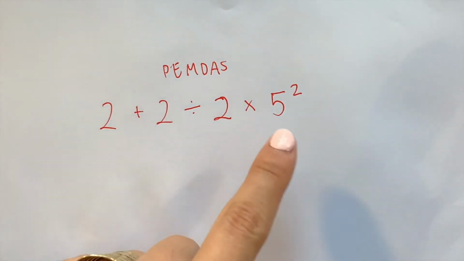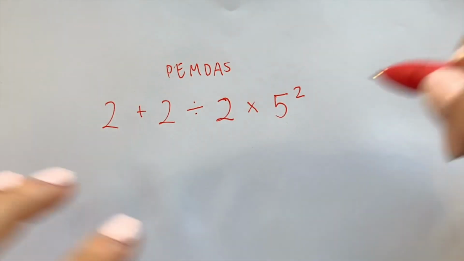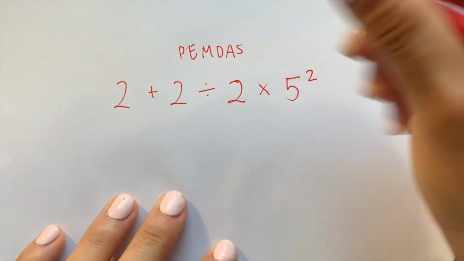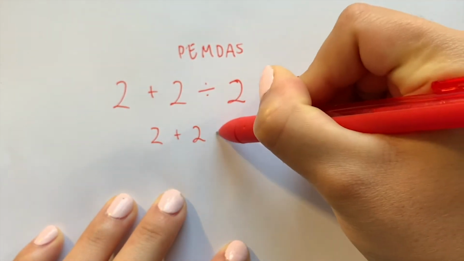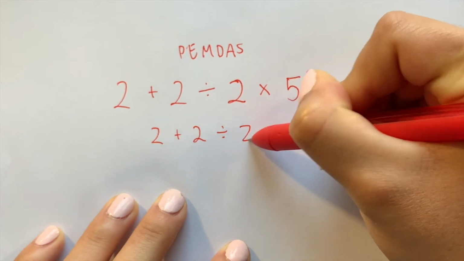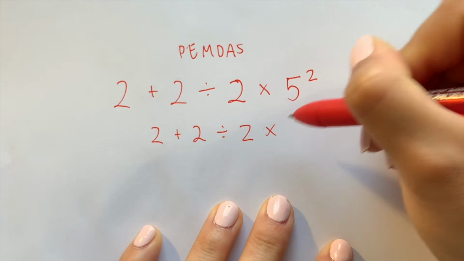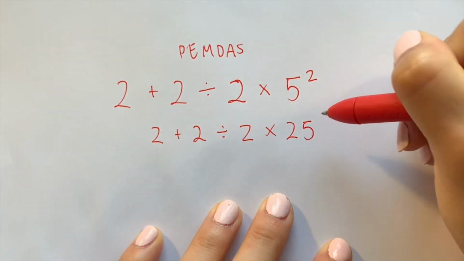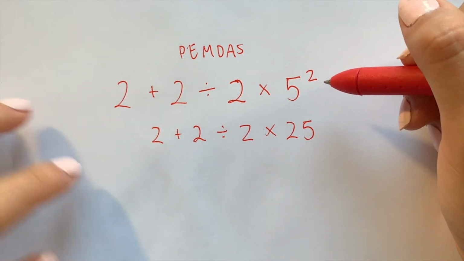Actually, we do have an exponent. Oh, that went right over my head. Okay, so we're going to go ahead and rewrite this as 2 plus 2 divided by, and we also, okay, times 25. Okay, so I know my 2 looks a little funny there.